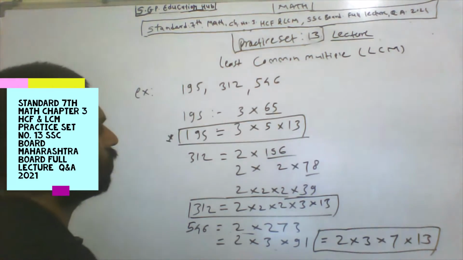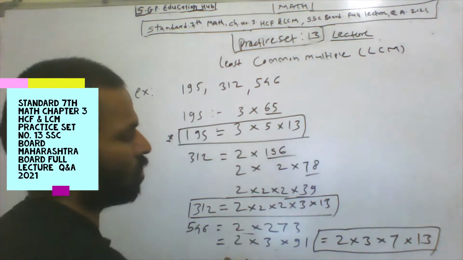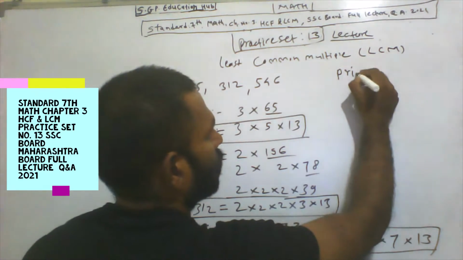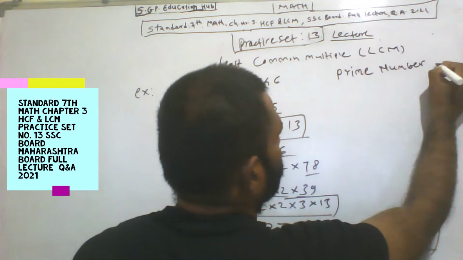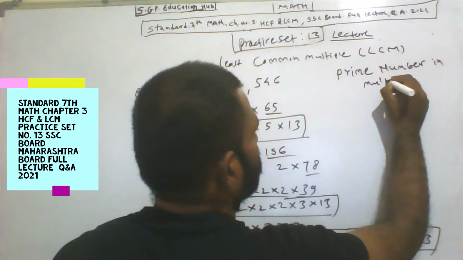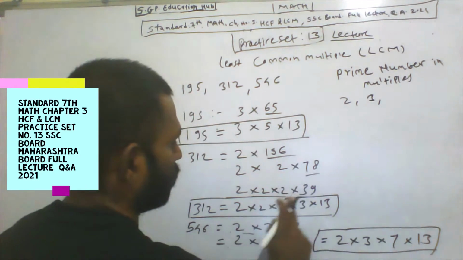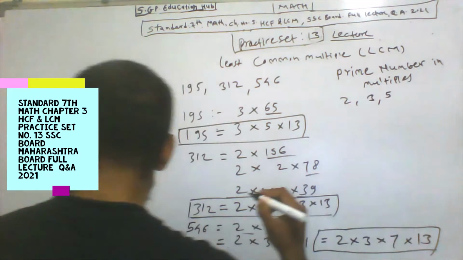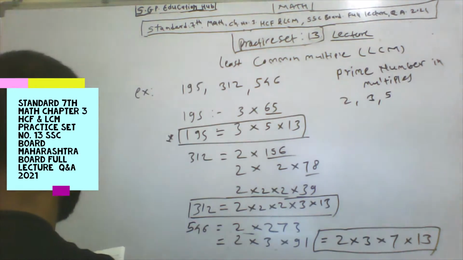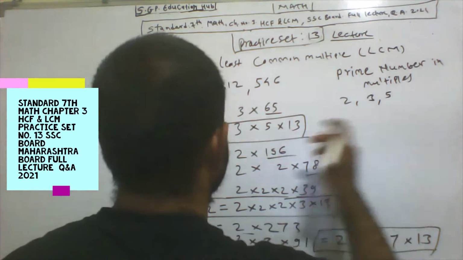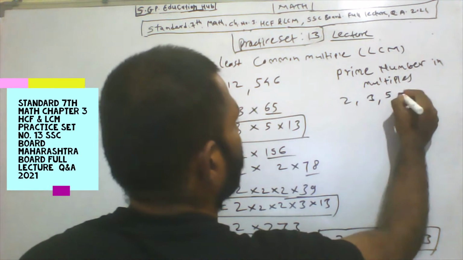Now, which prime numbers come in all three factorizations? They are 2, 3, 5, 7 and 13.